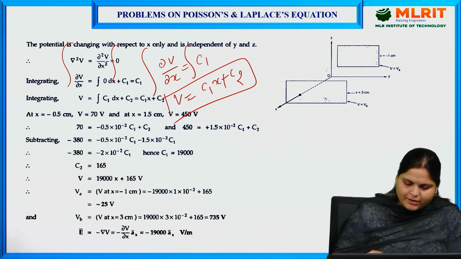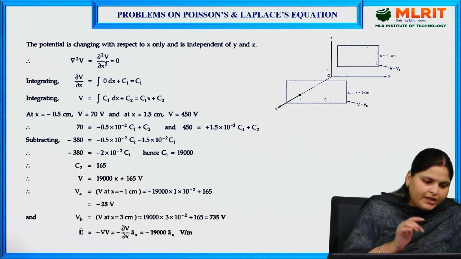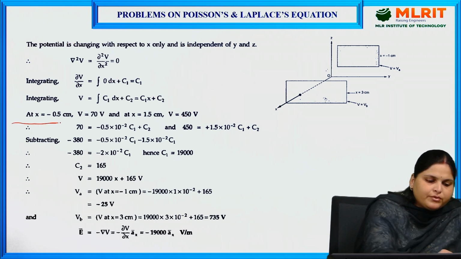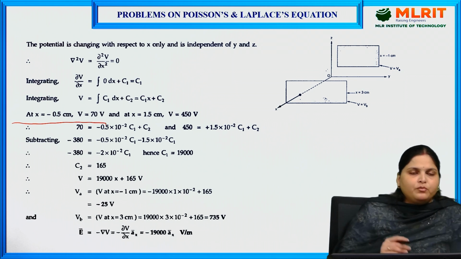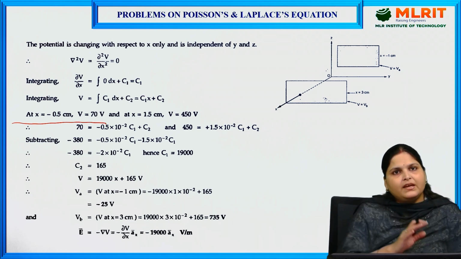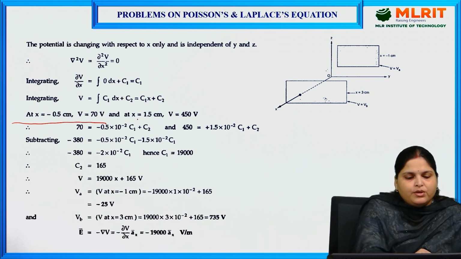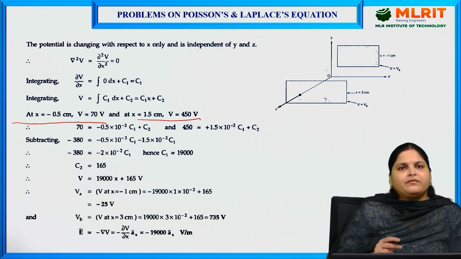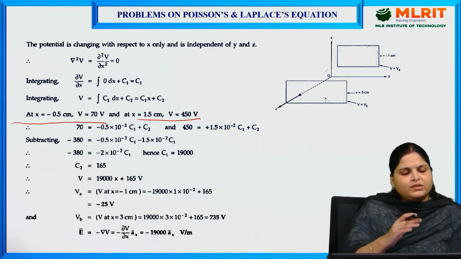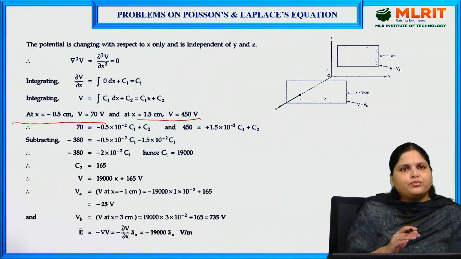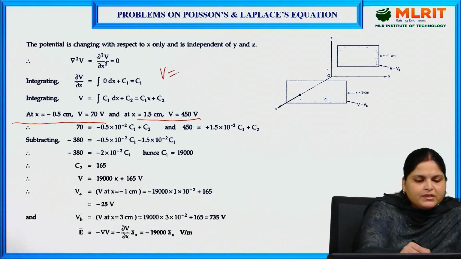Now let's go back to question once again. In question it is given that at x is equals to minus 0.5 centimeter, V is equals to 70. And when x is equals to 1.5 centimeter, V is equals to 450. So these two boundary conditions we are going to put one by one in the equation V is equals to C1x plus C2.